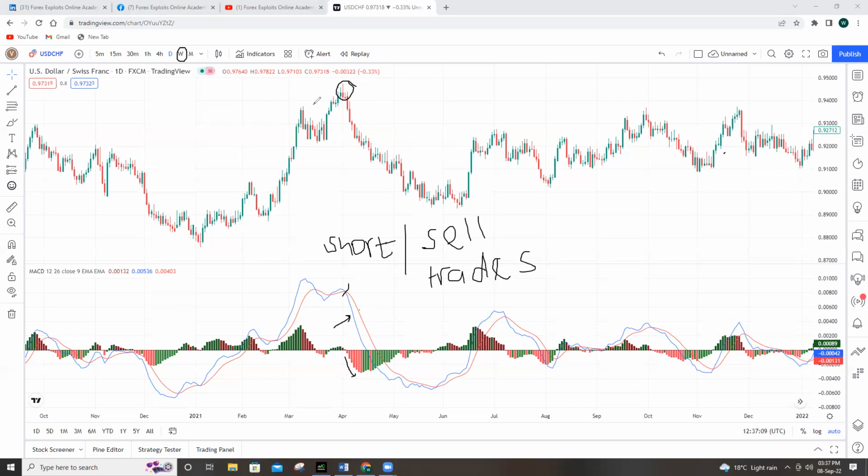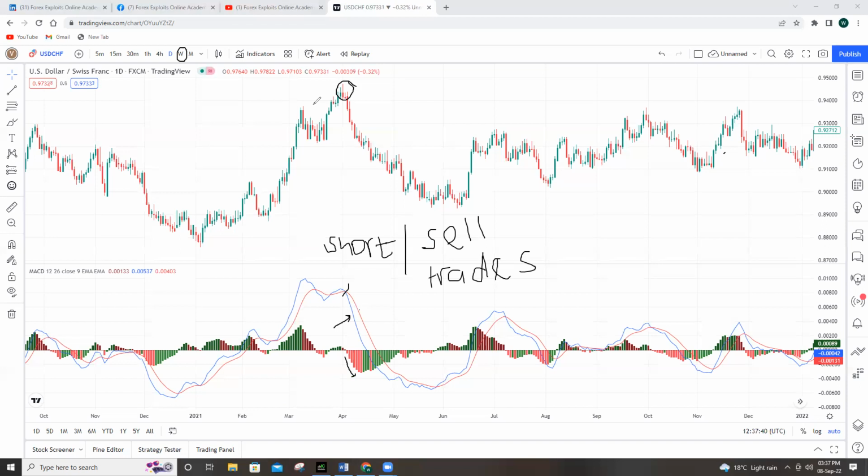One, you're going to go to the higher time frame and look for the crossover between the MACD and the signal line on the higher time frame. Then if your MACD is crossing to the bottom side, so it's going to be below your signal line, you'll be looking for sell trades. Therefore, now you go to the lower time frame of choice and only look for sell trades, depending on your trading strategy.